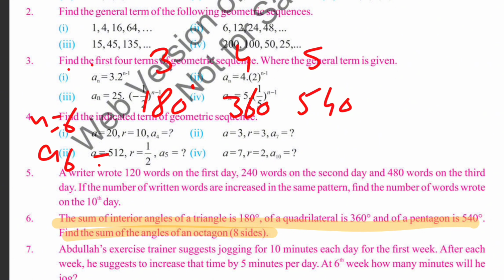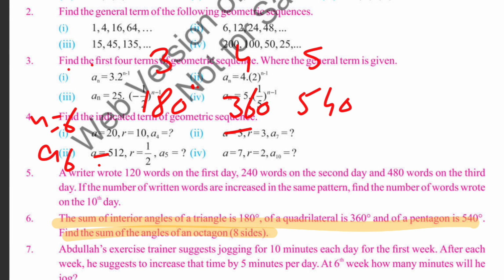And 180 plus 180 is 360, and 360 plus 180 is 540. It means this sequence is an arithmetic sequence because the first term is 180, we add 180, the next term we obtain 360, and 360 plus 180, the third term we obtain 540, like this continuously.